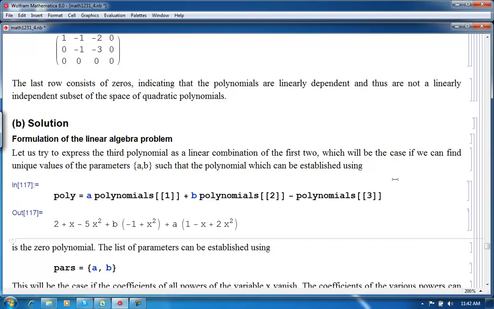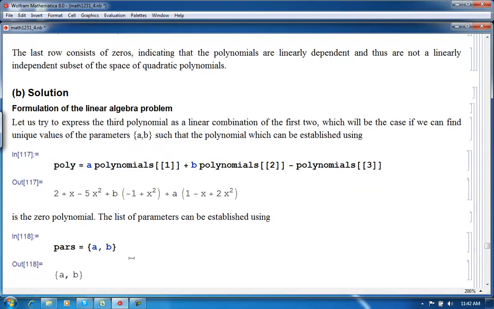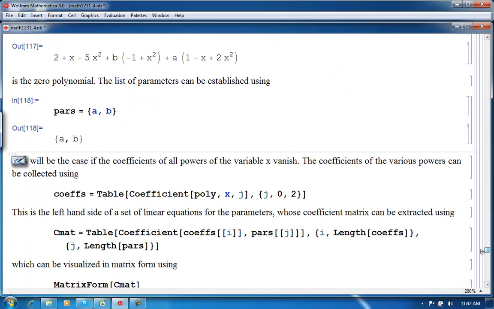So now these are our parameters, and we want to calculate this. It will be the zero polynomial if all the coefficients of all the powers of x up to x squared vanish, and we can calculate those coefficients using this.